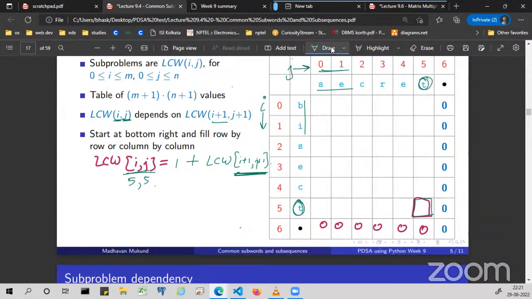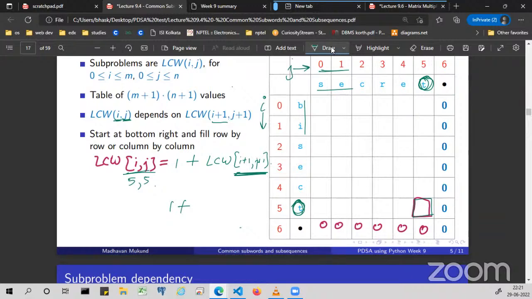So simply add 1, because we know that we have got at least one match. So I add 1 plus, now I move to the next part, that is, check whether the next character is also a match or not. But visually we can see this is the last character in both cases. So obviously there is no question of LCW I plus 1 j plus 1 having a non-zero value, because this is the last character.